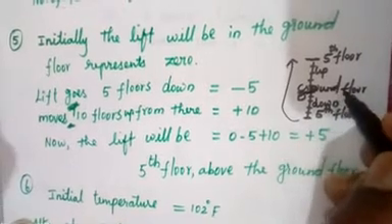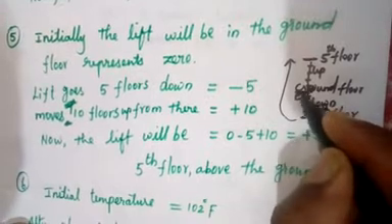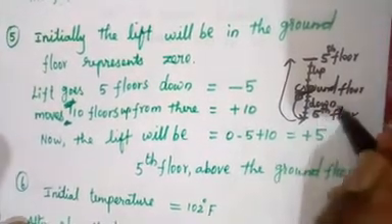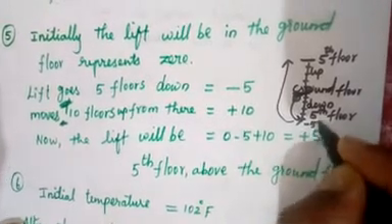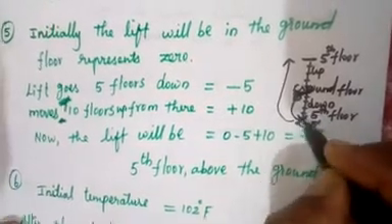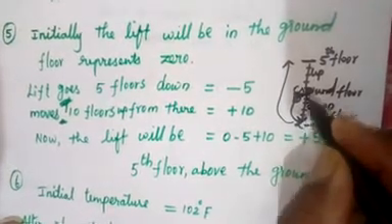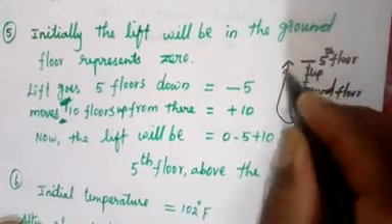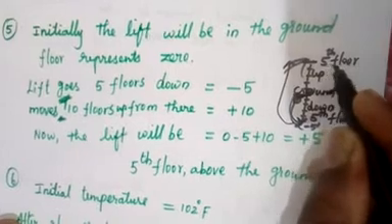First the lift moves down 5 floors, so the lift lands at the 5th floor towards down. Downwards we denote with the minus symbol, so here minus 5. Now from this place the lift moves 10 floors up: 5, 6, 7, 8, 9, 10.